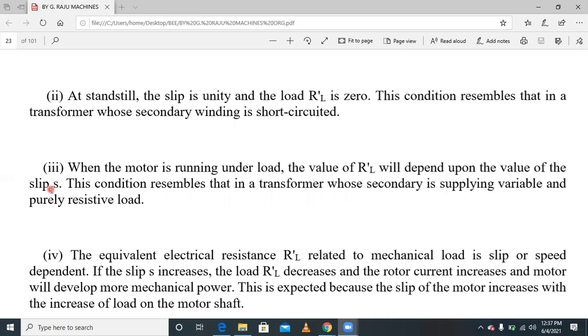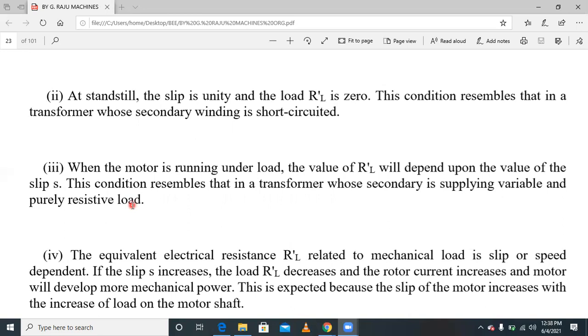That means slip changes. This condition resembles a transformer whose secondary side is supplying a variable, purely resistive load.